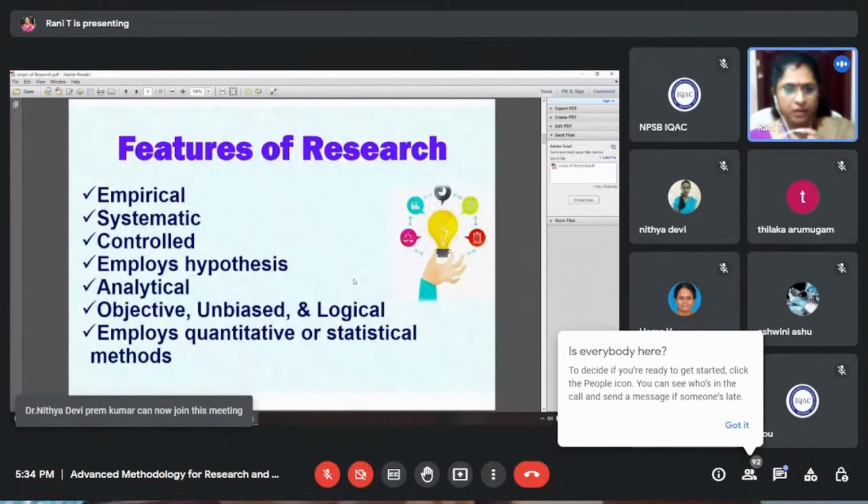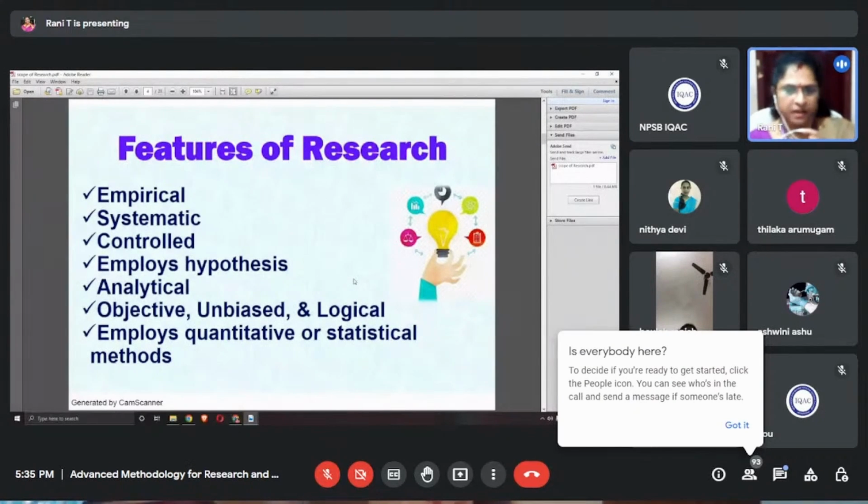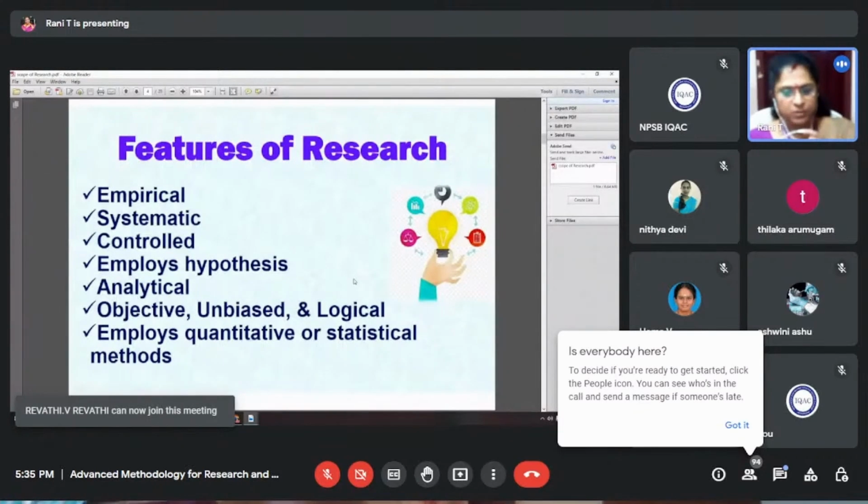It should be with some aim related to our topic, and we will come up with an unbiased as well as logical reasoning behind our conclusion. And the last one, we employ quantitative as well as qualitative results. What is the meaning of quantitative?